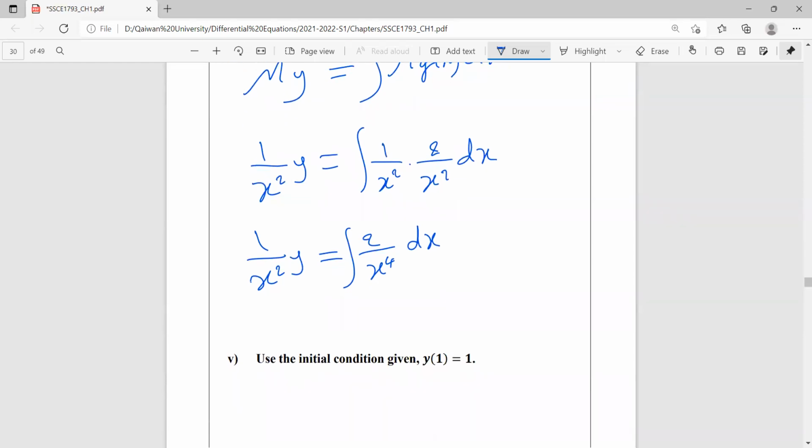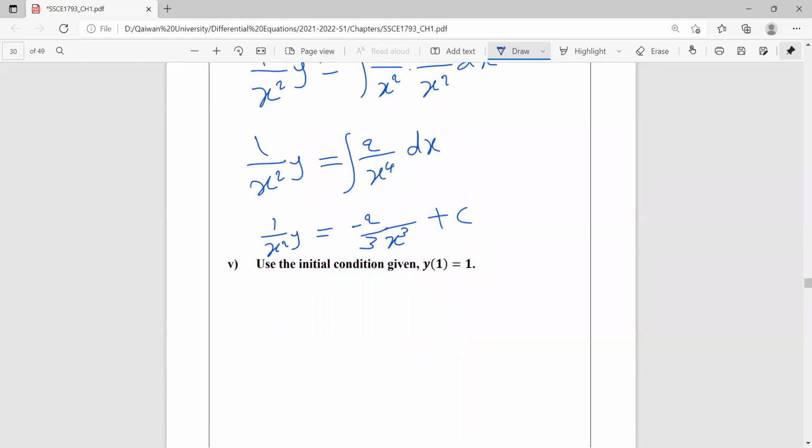So 1 over x squared y equals minus 2/3 x to the power 3 plus c. That x to the power 3 is in the denominator also. After taking the integration, I'll bring it down, so it becomes positive.